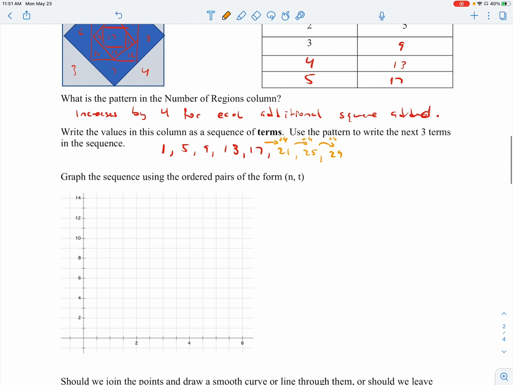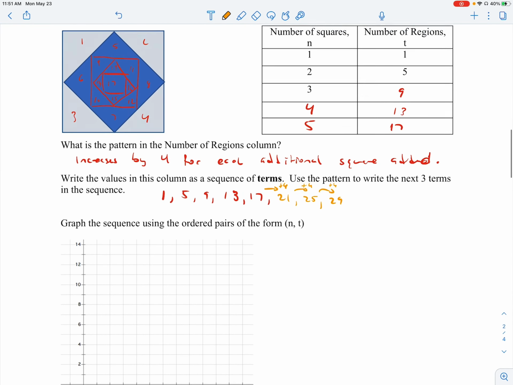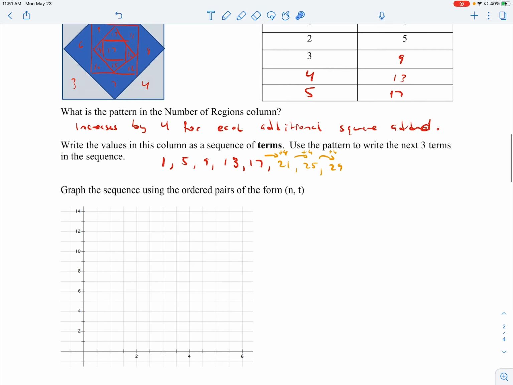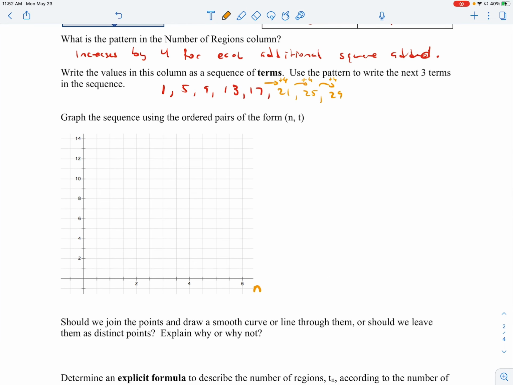Graph the sequence using ordered pairs of the form n, t. So n is the number of squares, t is the total number of regions. This would be n versus t. When there's one square, we only have one enclosed region, right? So I just plotted this point. Then we'll do 2, 5, 3, 9.